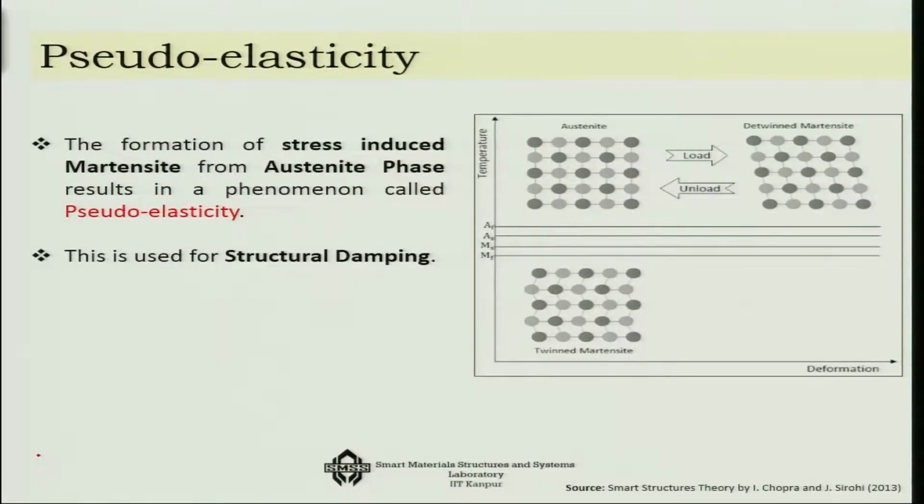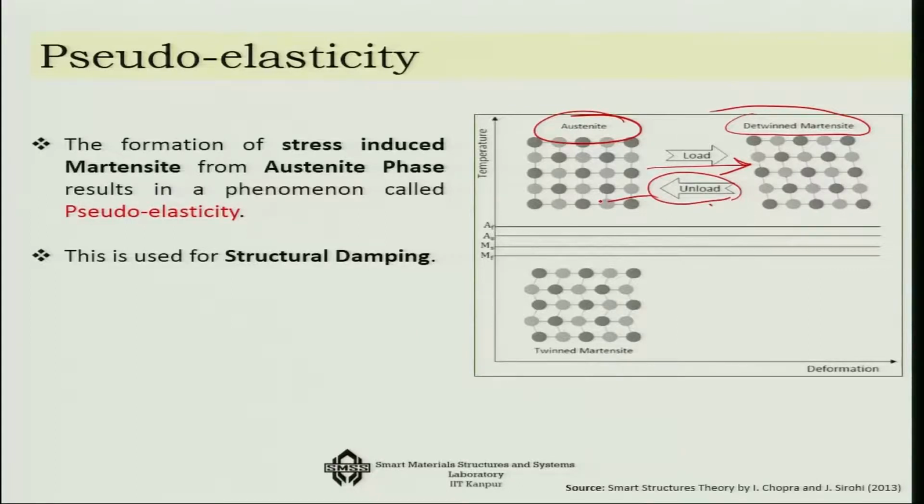Now, suppose I do not change the temperature, I keep the temperature at a high temperature level this time, not at low temperature, but at a high temperature level, and that means to begin with I am at the austenite level. Now at that level, if I load it, what is going to happen? It will come straight down to the detwinned martensite phase, and then if I unload it, it will come straight back to the austenite phase.